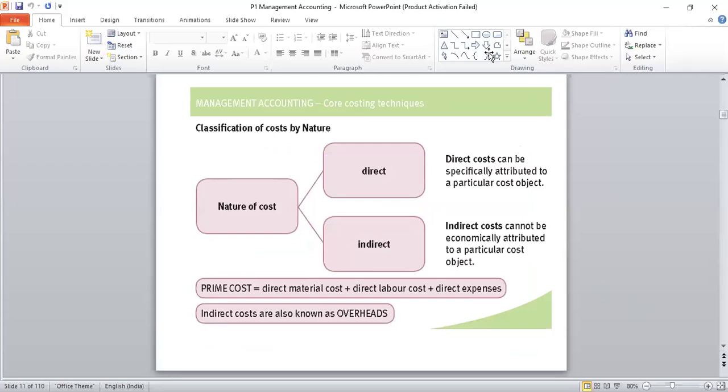It could be a product, a service, a unit, a department, an activity, a function, anything within an organization, any part of it. Anything to which the amount of cost can be identified, charged, or attributed, we call such cost a direct cost. If there is a cost which is not identifiable or attributable, we call such a cost an indirect cost. Direct cost and indirect cost.